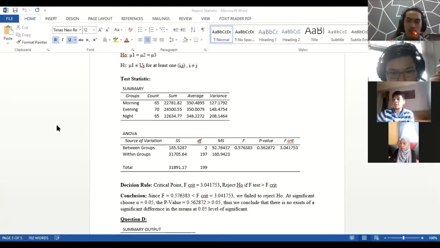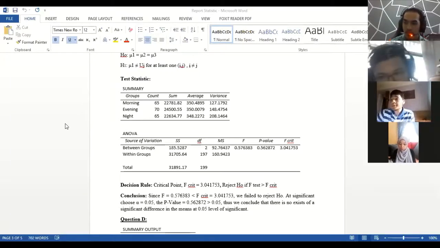For example, 185.9287 divided by 2, we can get 92.76437.